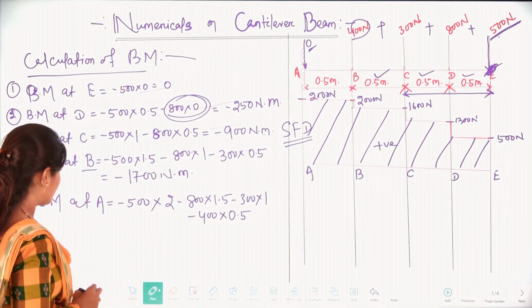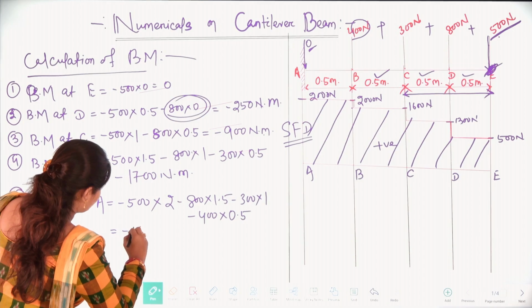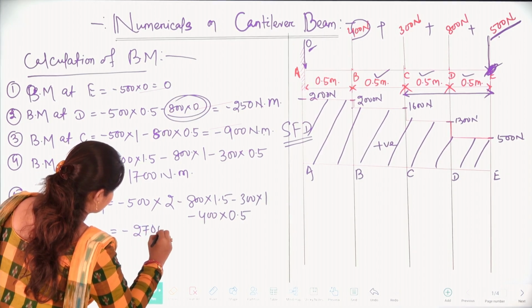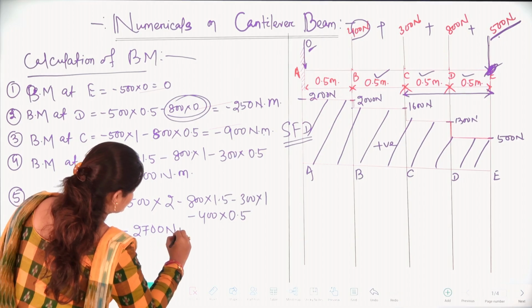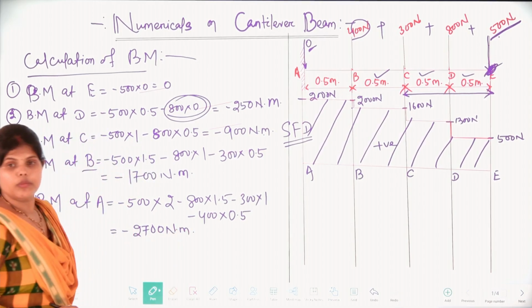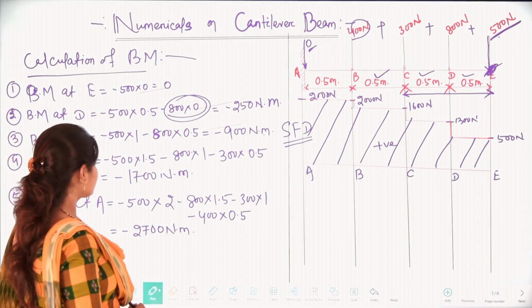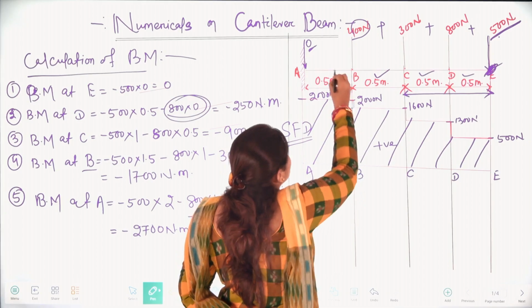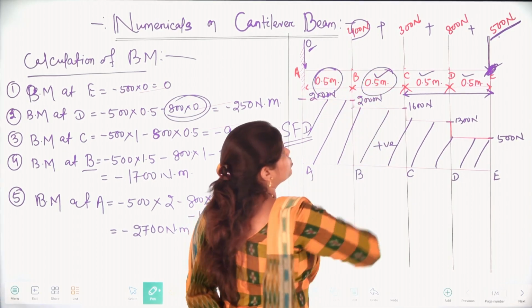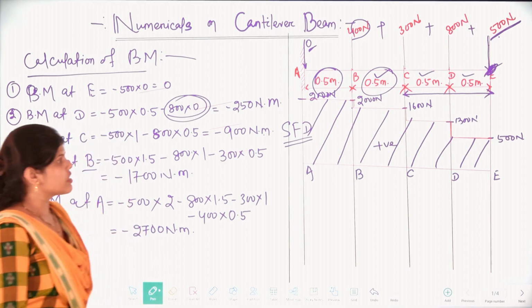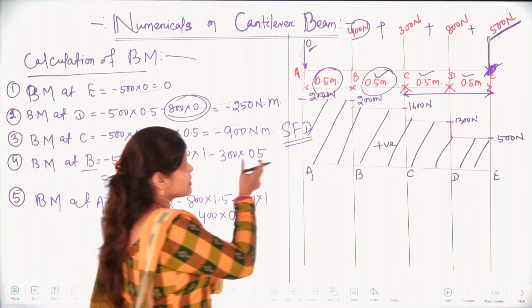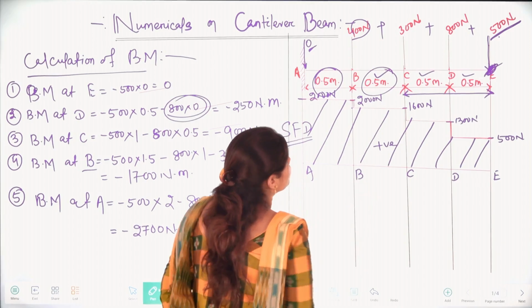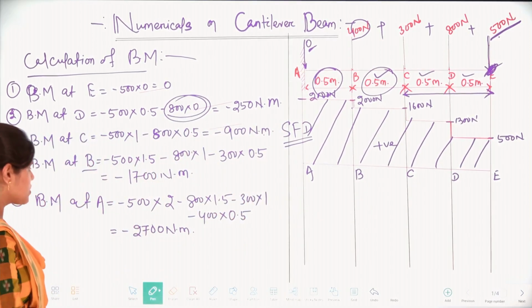If we calculate it, we will have minus 2700 Newton into meter. Okay. As we are not having the calculator here, I have just taken these easy values. In our exam questions, there will be some difficult distances and difficult things to calculate, but the procedure is similar.